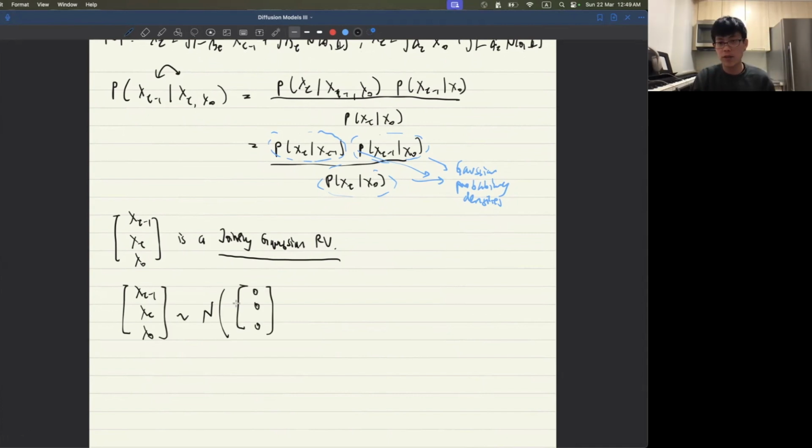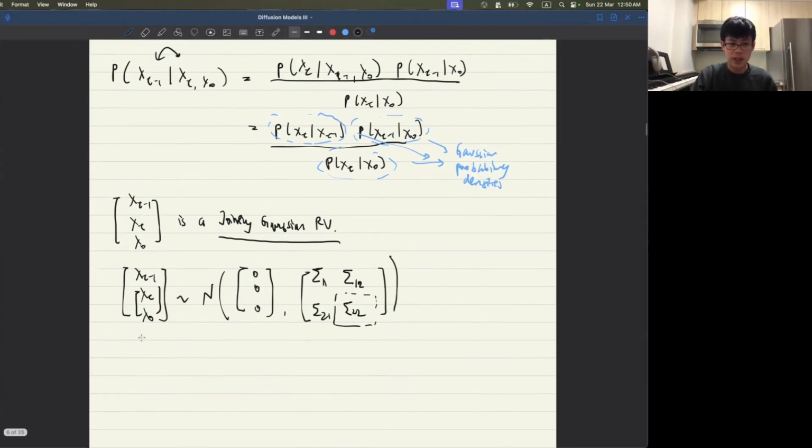We can assume all of its means are zero because we can scale the input. And let's say the covariance matrix can be written in this form: sigma 1,1, sigma 1,2, sigma 2,1, sigma 2,2, where this sigma 2,2 is really the covariance matrix for the whole block xt, x0, right? You should think of this as a subblock.